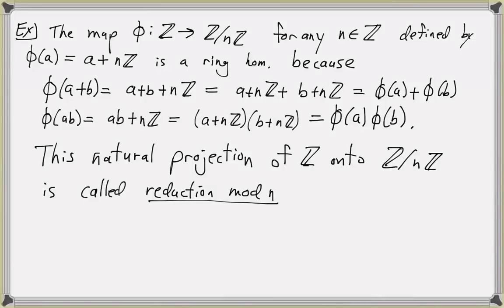So every integer is just mapped to its residue mod n. And when considering the kernel of this homomorphism, we see that the kernel would be the integers that are mapped to the 0 coset, but that would be any integer that's a multiple of n, and therefore the kernel is the ideal nZ.